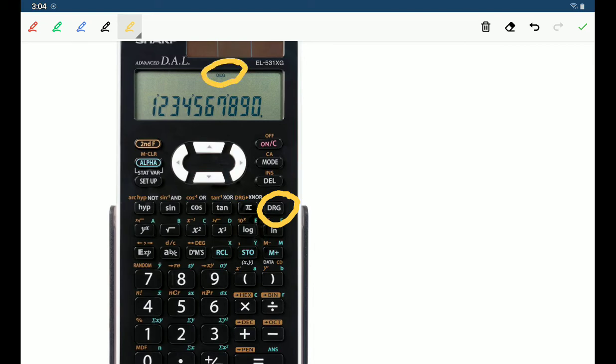My calculator is currently set to degrees. Every time you push the DRG button, it will change what it says at the top from degrees to radians to gradians. Because inverse trig functions are defined to give their output in terms of radians, we need to have our calculator set to radians mode.